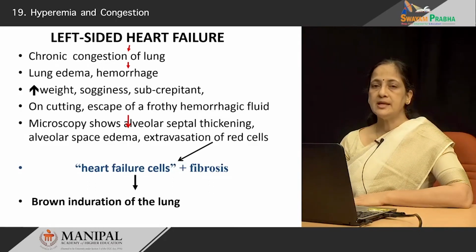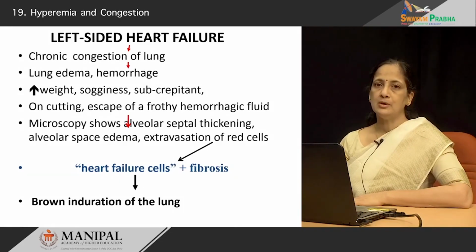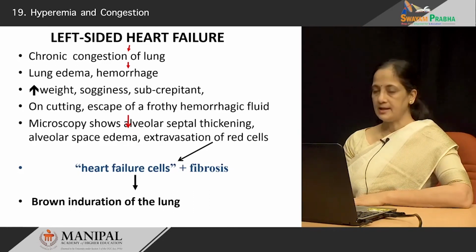They take up the hemosiderin golden brown pigment and they are called heart failure cells. With time, fibrosis occurs in the septa and in the areas where hemorrhage has occurred, and the lung becomes a firm, brown, heavy organ. This is referred to as brown induration of the lung.